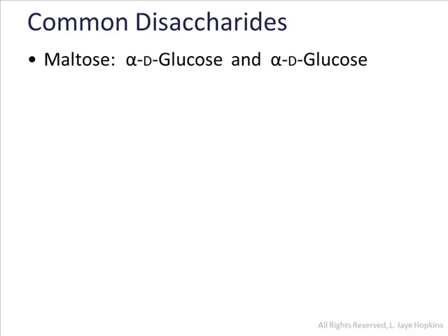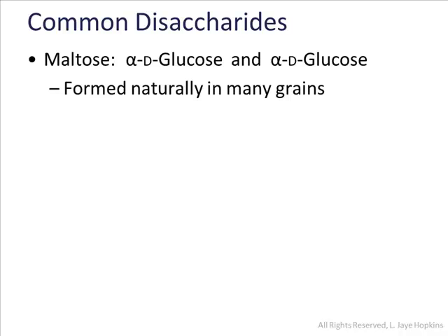The one that we did just a few slides ago was the disaccharide called maltose. And maltose consists of two molecules of alpha-D-glucose that are chemically bonded together. Maltose exists naturally in many different types of grains, and the concentration of maltose actually increases when those grains are mixed with water and left to rest.